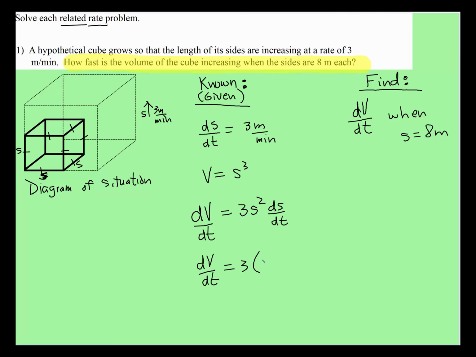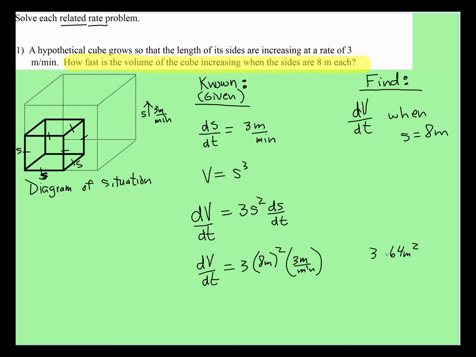So the sides are 8 meters squared, and ds/dt is 3 meters per minute. Then we just do the math. 8 squared is 64, and meter squared is meter squared.